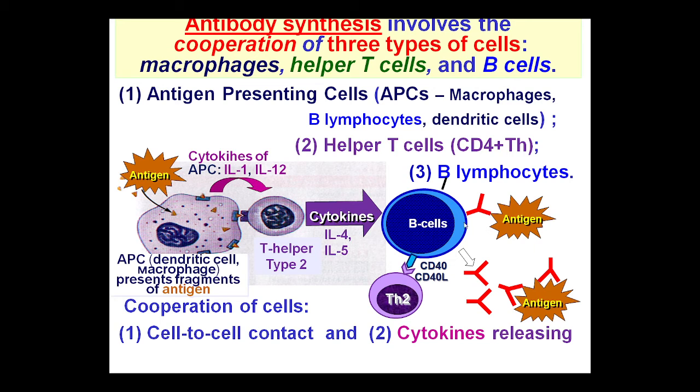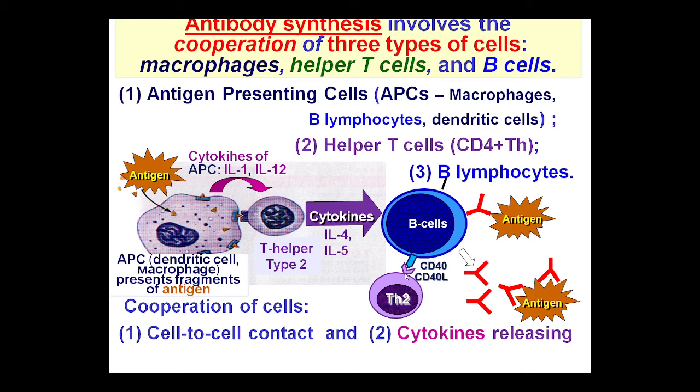They stimulate B cells, but not all. B cells that before this are selected by antigen that specifically reacts to the immunoglobulin receptors of B cells. It means the receptor must be specific for this antigen.